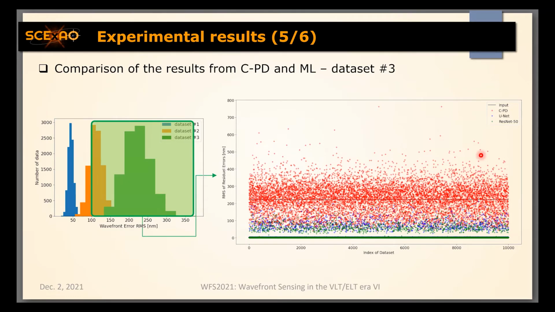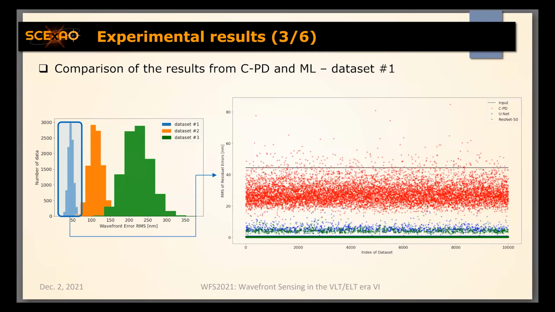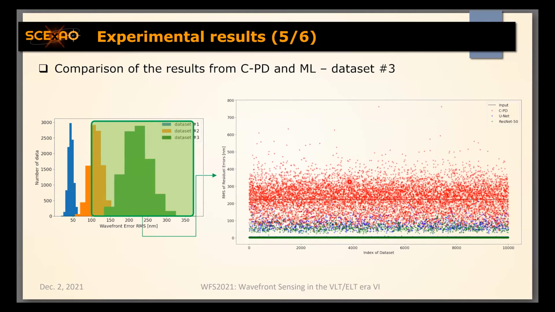As you can see, the classical phase diversity algorithm only shows a reasonable performance in the small wavefront error regime, like this. But it diverges in the large wavefront error regime.